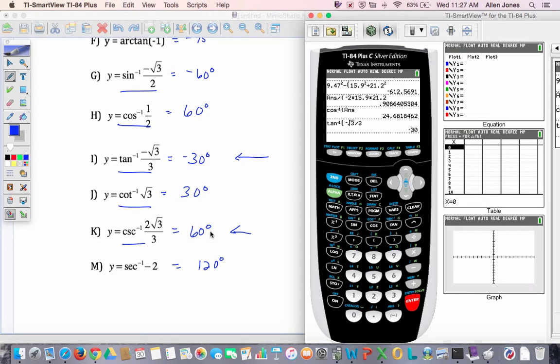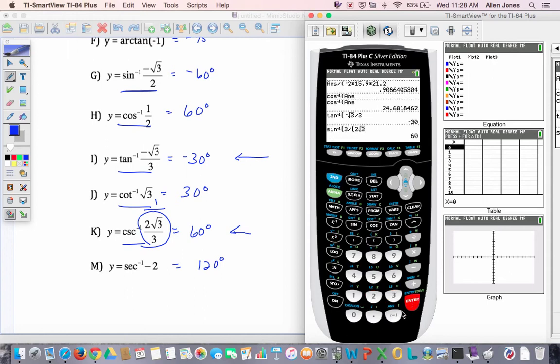Another side note here, let's look at letter K. Inverse cosecant, I have to use the inverse sine. Now I'm going to shortcut this one just a little bit. I would put 1 over this to type it in, but because 1 divided by a fraction, I'm just going to flip that fraction over, and I have 3 divided by 2 times the square root of 3.